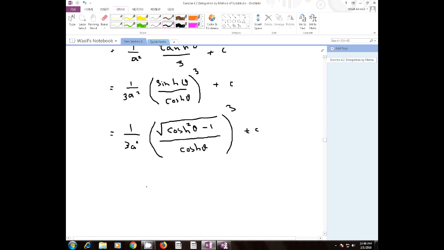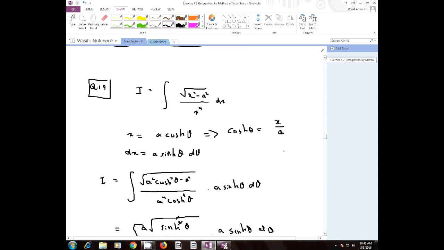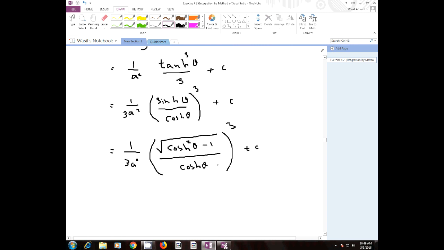Now you have to put the values of cos hyperbolic theta here. Cos hyperbolic theta is equal to x divided by a. We will substitute this value of cos hyperbolic theta down here, and we will get 1 divided by 3a square.